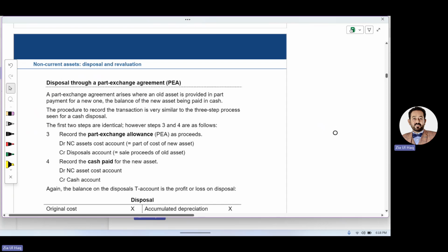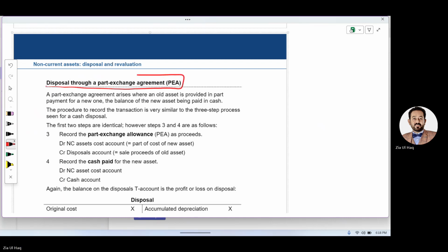Now we are moving towards disposing of an asset, not by sale, but through part exchange, meaning we are exchanging. Suppose asset cost is 100,000, its accumulated depreciation is 40,000, and we have a carrying value of 60,000.